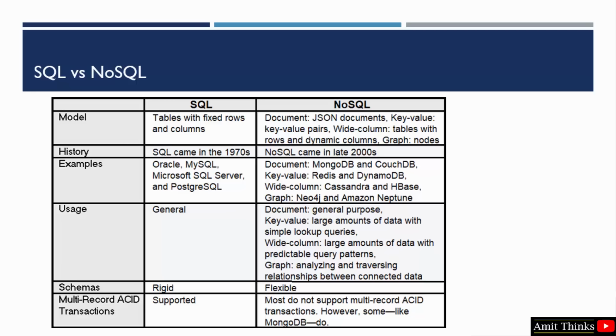Regarding NoSQL, one of the most trending databases right now is MongoDB, which is document based. With that, we can also store data in the form of key values using the Redis database, wide column using Cassandra and HBase.